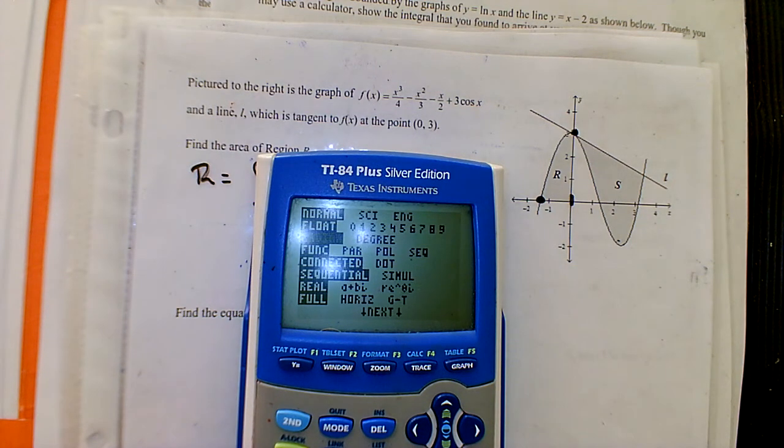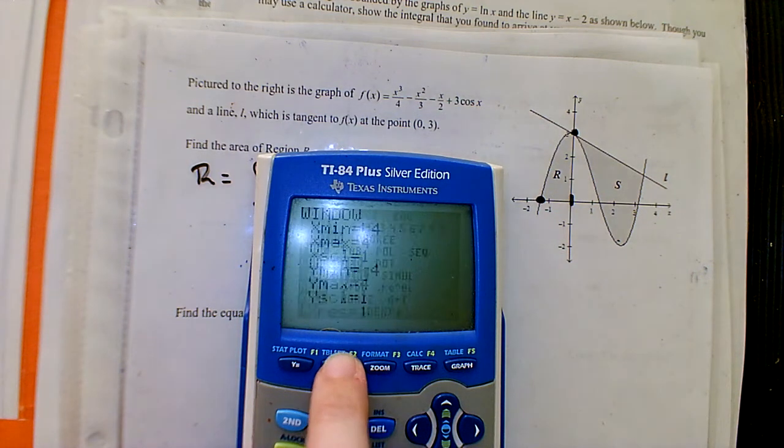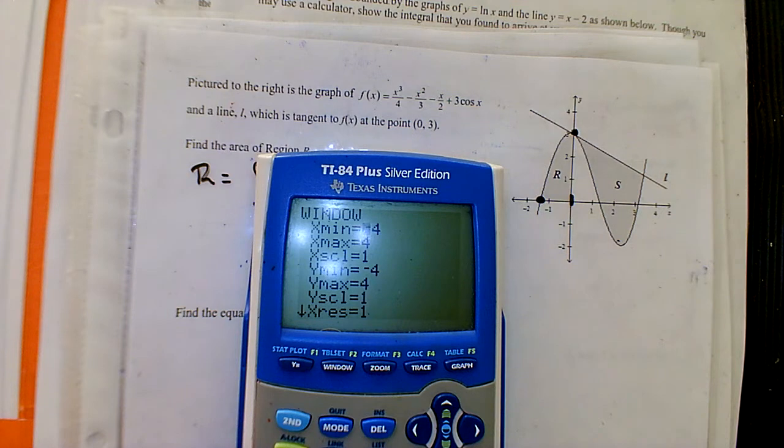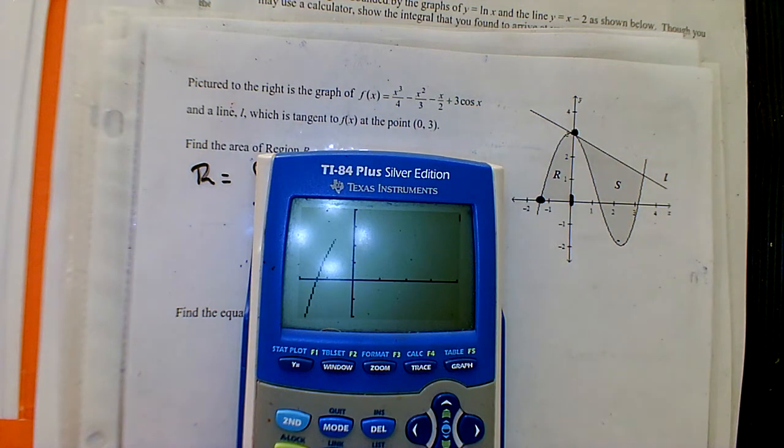Make sure you're in radian mode because we're dealing with trig. Before we hit graph, maybe we'll change our window to the window on the paper so it matches what we see. Looks pretty good.